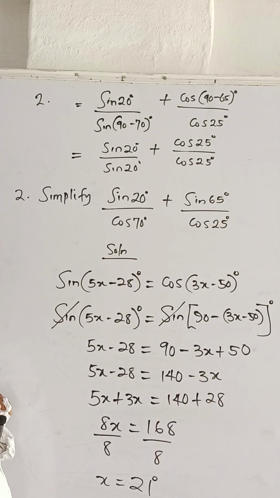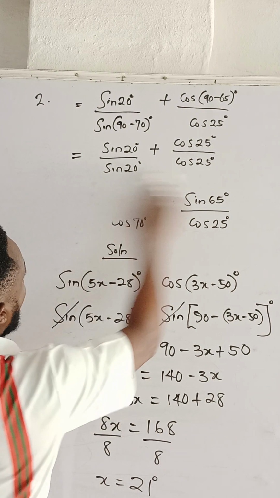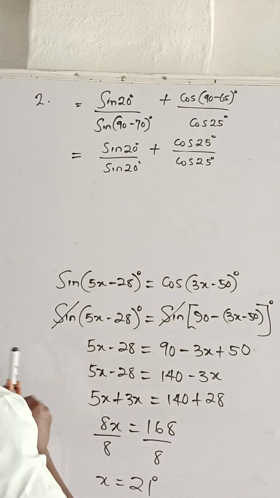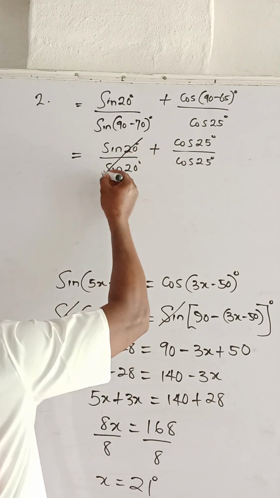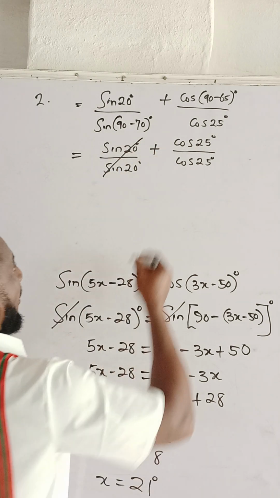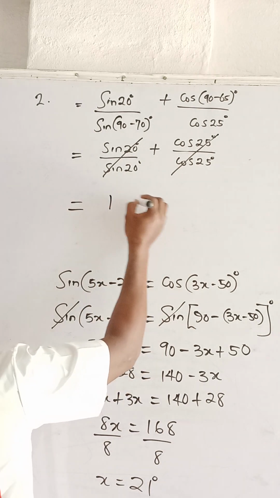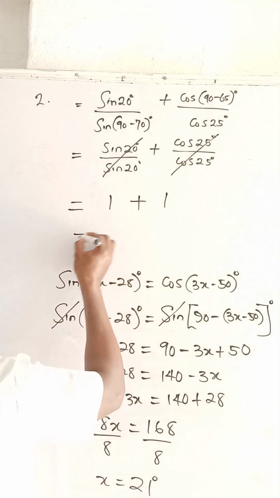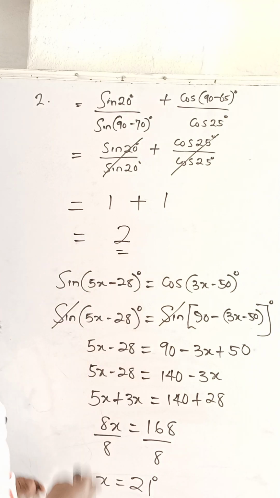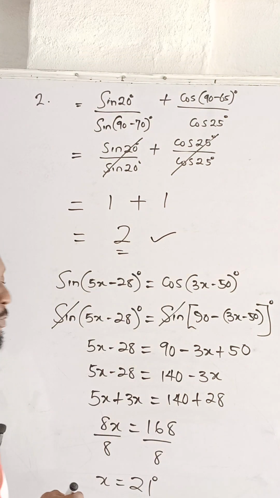You can see how interesting this question is. At the end of the day, you do not need a calculator, nor even a four-figure table. Sine 20 divided by sine 20, cosine 25 divided by cosine 25. So you are going to have 1 plus 1, which is equal to 2. This is the answer to the second problem.